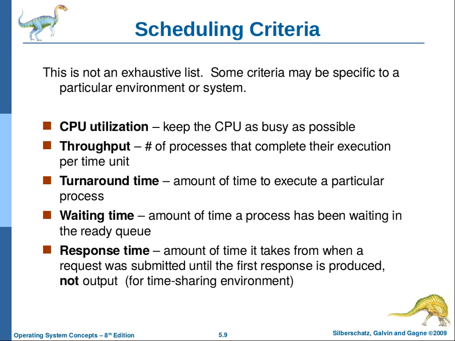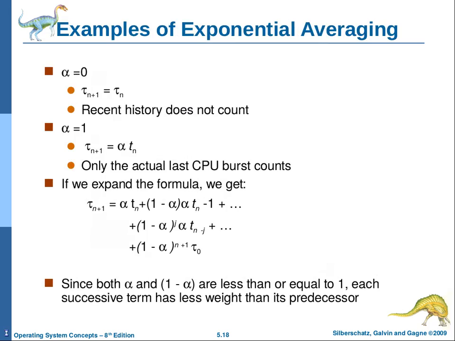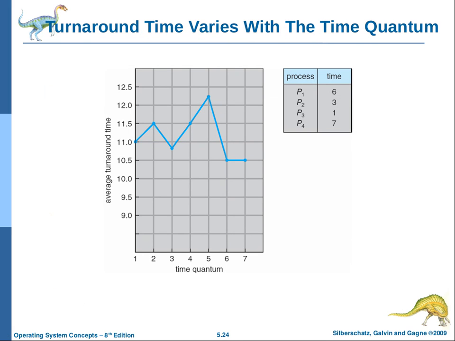You got it. Waiting time, response time, throughput, and utilization. Good job. All right, turnaround time.